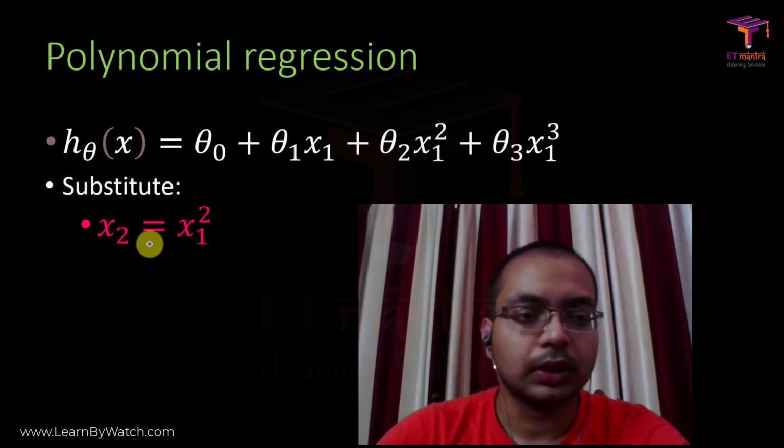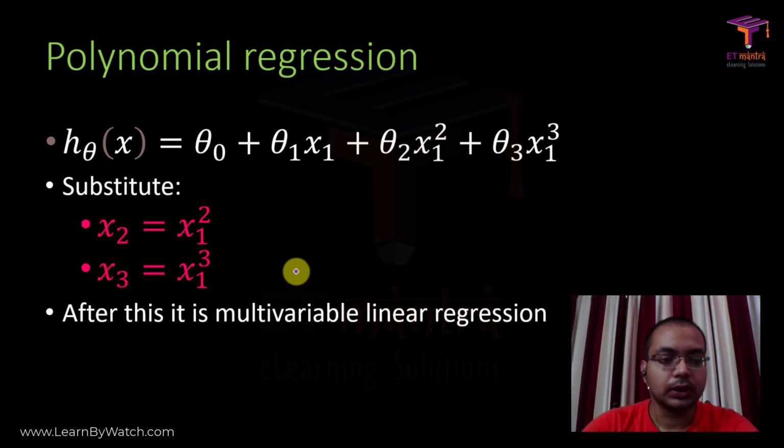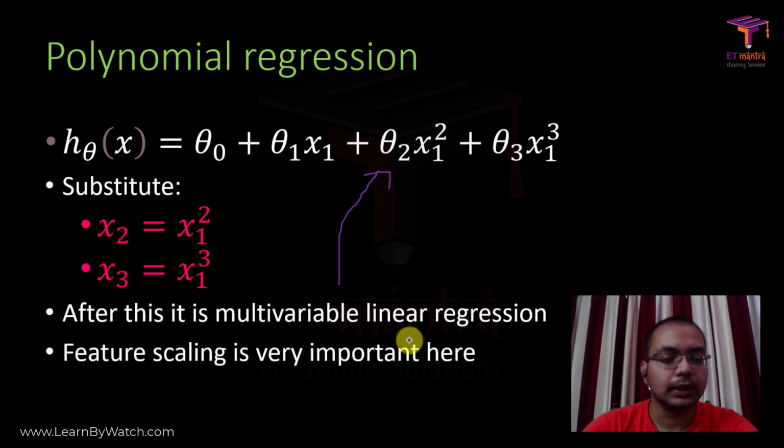We substitute x1 square with x2 and x1 cube as x3. After this, you realize that this hypothesis function has become a problem of multivariable linear regression, and by performing the algorithm of multivariable linear regression, we'll get the parameters theta, and using that we will predict our labels.